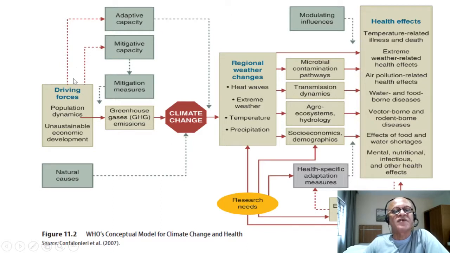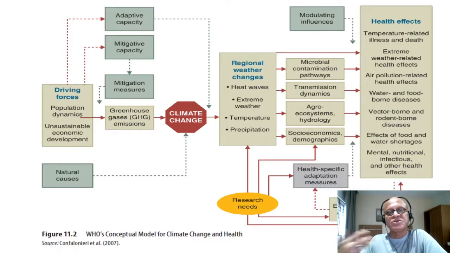And then we have now actions to deal with them through adaptation and mitigation. So that is the natural climate change, which is going to feed into the regional weather changes. So often we are trying to adapt to regional weather changes or mitigate weather changes, including air and water quality and so on. So that's going to impact heat waves, extreme weather, temperature, and precipitation, which we have been talking about.